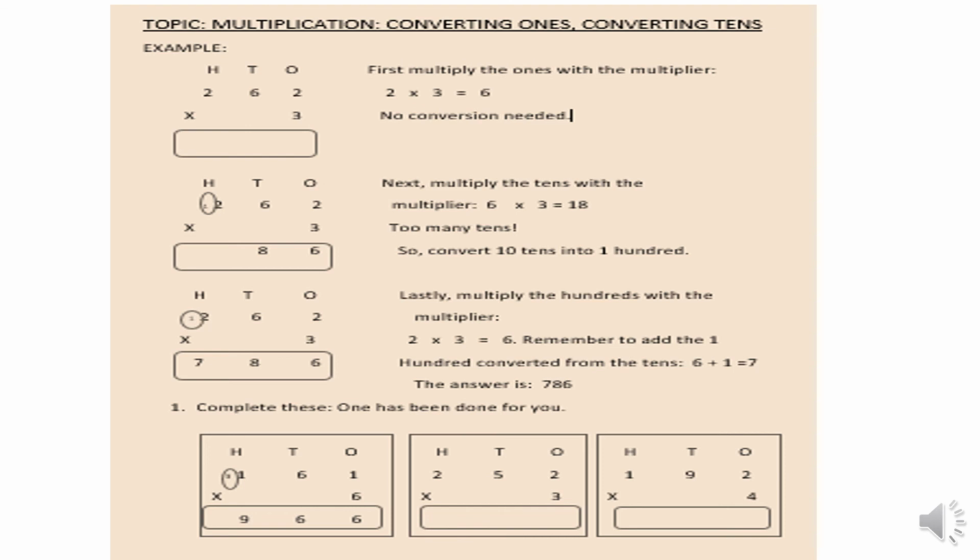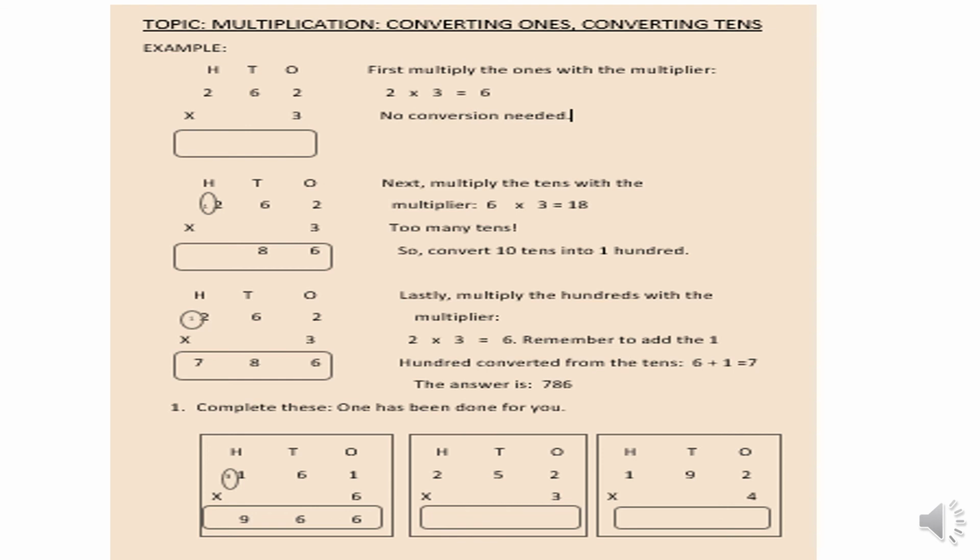I have given you the exercise on this topic in your booklet on pages 39 and 40. Here the first question is given, complete these, one has been done for you. In this, the number is 161 and the multiplier is 6. You start from ones: 6 multiplied by 1 gives 6.